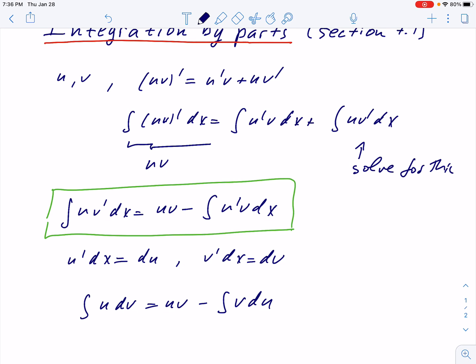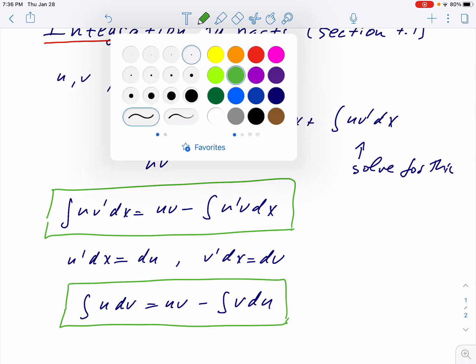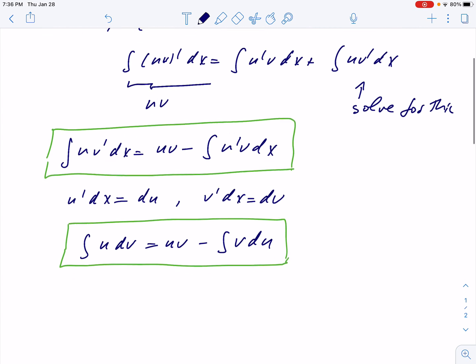Looks sort of shorter and more symmetrical. Let's put this also in a box. It's the same formula written a little bit differently. When we use integration by parts, you have the freedom to choose either one of these two versions to apply it.